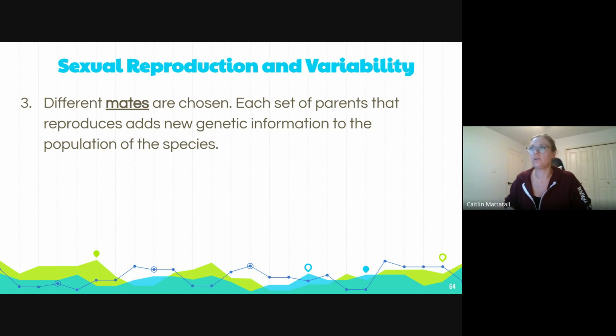So you have different mates. In some species, you're picking them based on specific physical structures that they have or physical things that they do to determine if they have good genes and if it's a good idea to have babies with them.